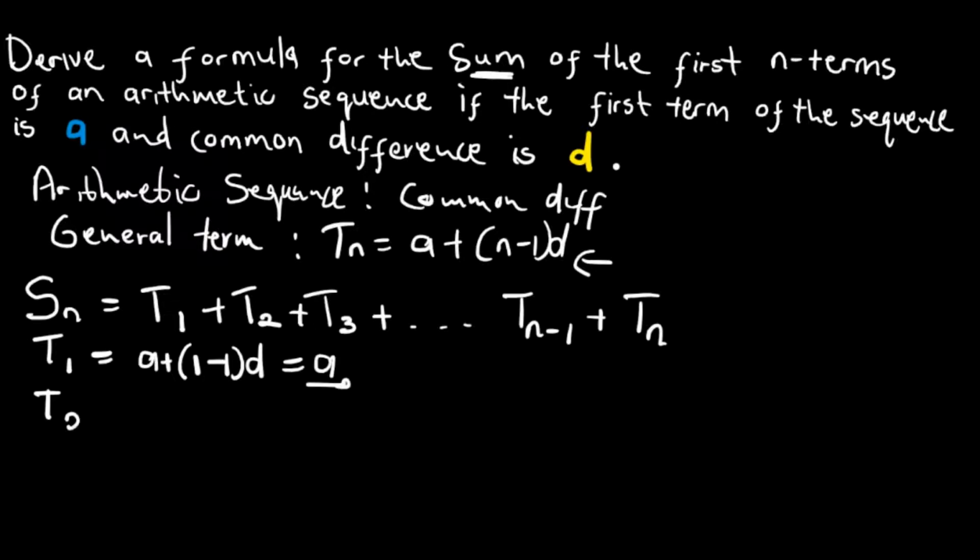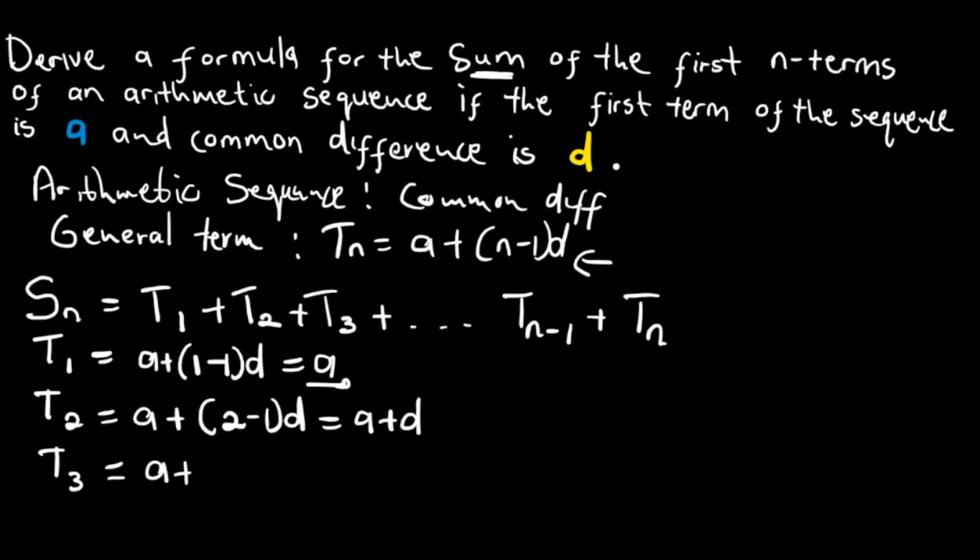Term number 2 is a plus (2 minus 1)d, which is a plus d. Term number 3 is a plus (3 minus 1)d, so 3 minus 1 is 2, so it's a plus 2d.